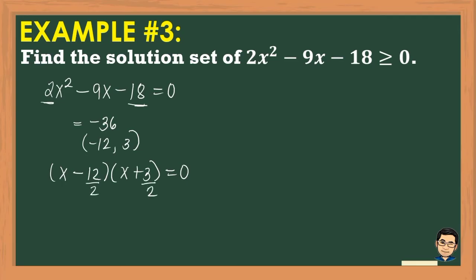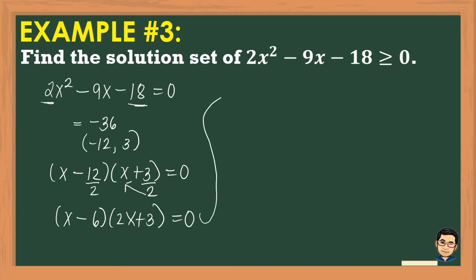So, negative 12 divided by 2, that is negative 6. So, magiging x minus 6. And then, we cannot divide 3 by 2 nang walang remainder. So, ang gagawin natin, yung 2, itatabi lang natin sa x. So, magiging 2x plus 3 and then equals 0.